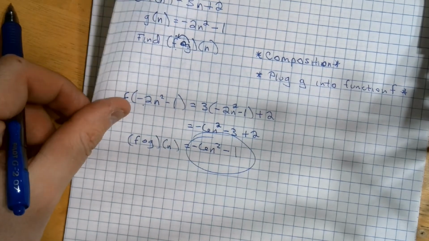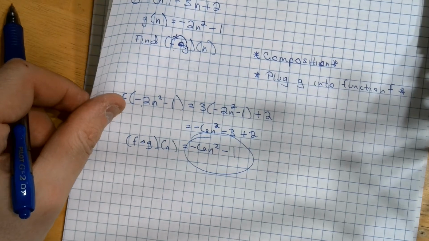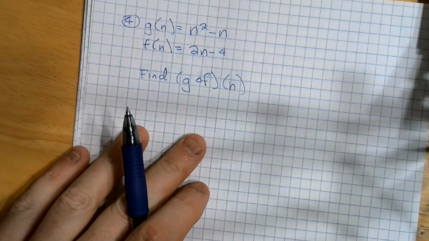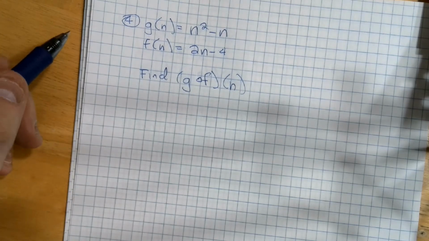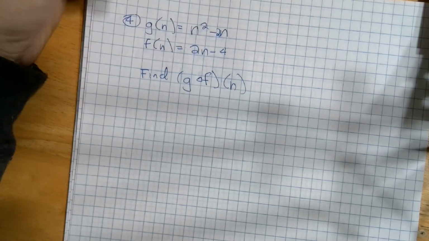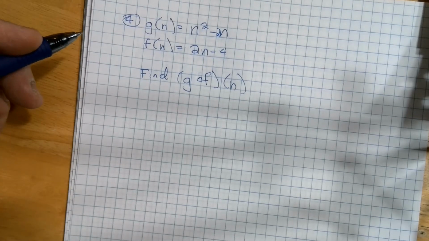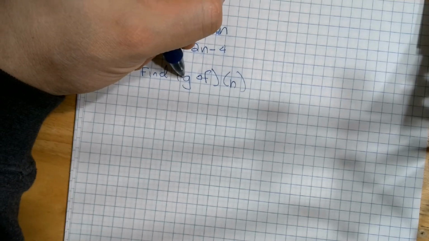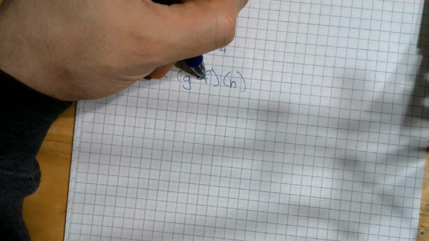Okay? Well, let's take a look at another example here. So let's go to problem number 4. And you can see I've got g of n equals n squared minus 2n, excuse me. There we go. And 2n minus 4 is function f. Here it asks me to find g composition f.